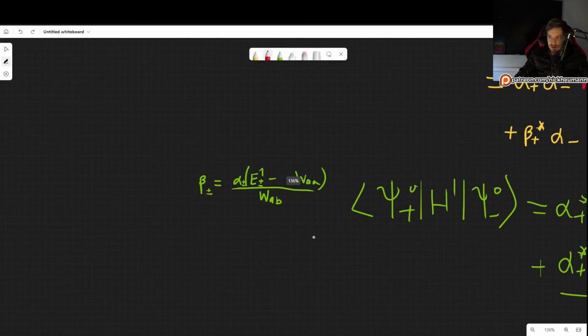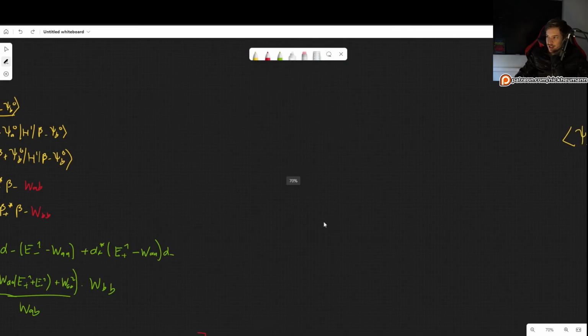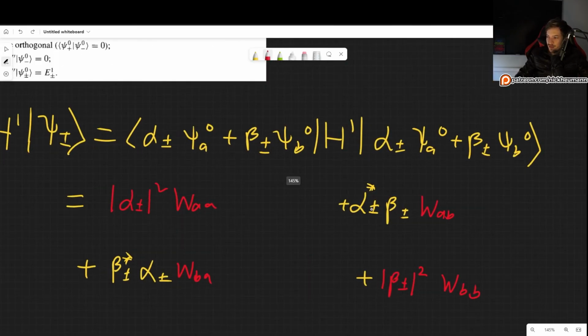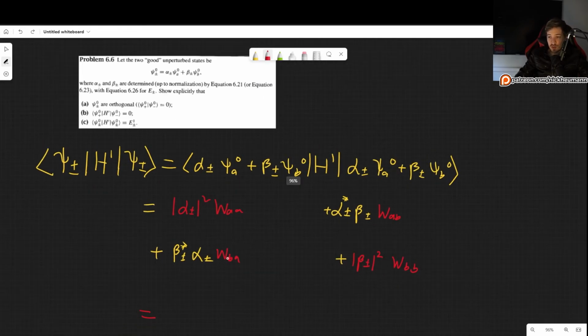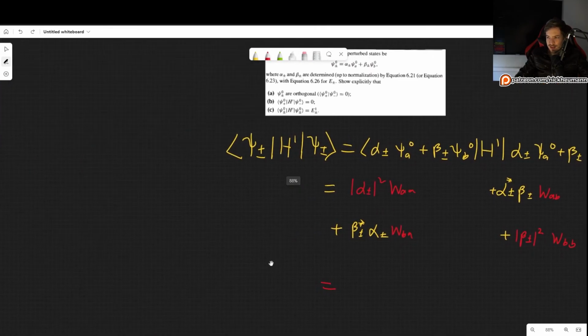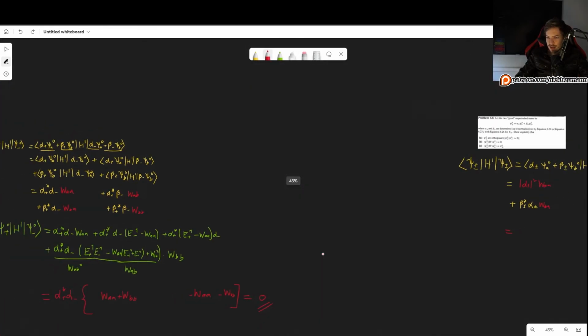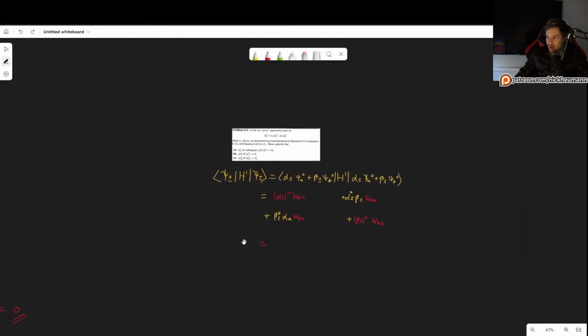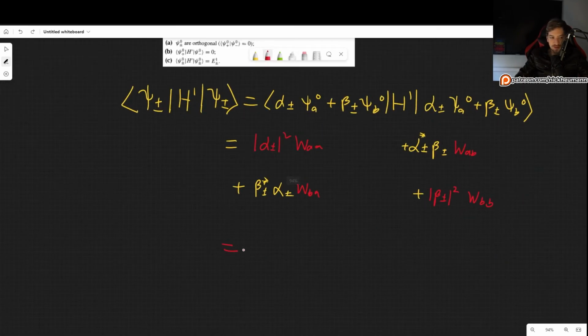So after putting this in, I will get alpha plus conjugate alpha plus and the same for alpha minus, of course. So I will get the modulus of alpha squared, which is very good. But if I plug it in here, do we get the same? Let's see, perhaps we could try. So let's try plugging that in into both expressions.